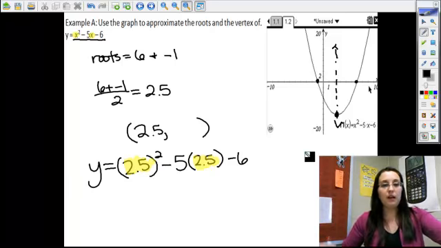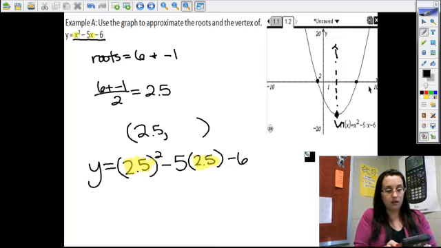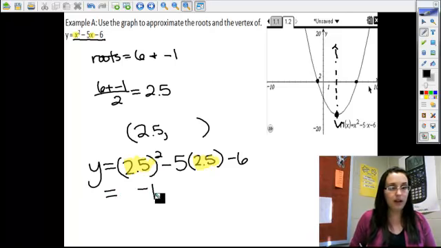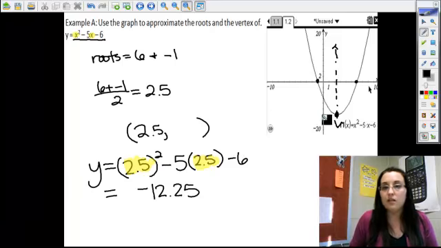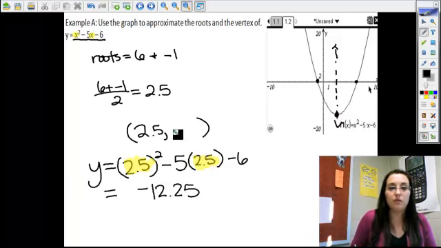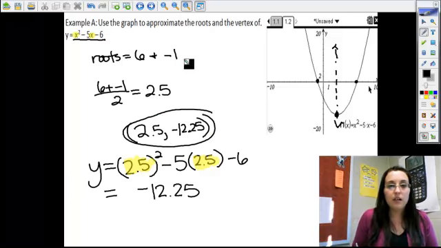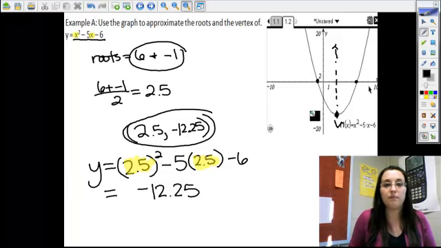If I type that into my calculator, 2.5 squared minus 5 times 2.5 minus 6, I'm going to get y equals negative 12.25. If I go to my line right here, it looks about right. This is going by 2s: 2, 4, 6, 8, 10, 12. So it must be a little bit below that 12. So good thing that I used my equation to help me find the exact value. All right, so I've got my vertex, I've got my roots, and I'm done.